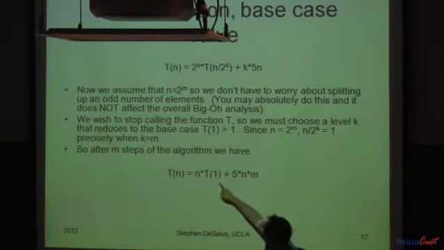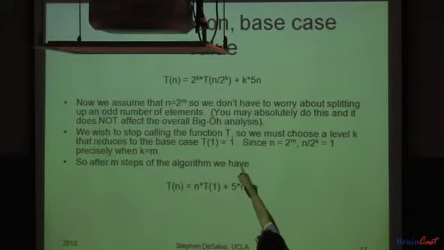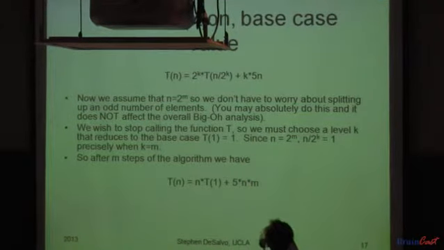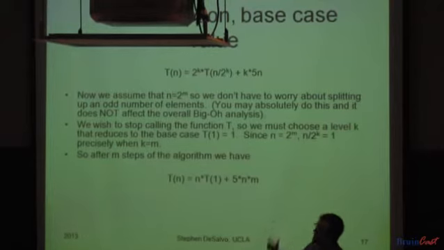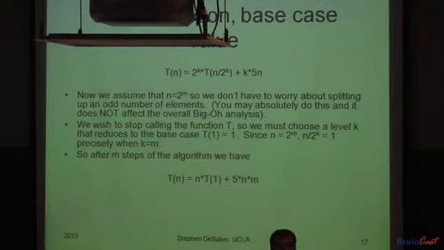Because what this means is, right, we start with 2 to the k times T of n over 2 to the k plus k times 5n. And what we're going to say is, let's let k equal m. Let's let k be that value of m, or be that value such that n is equal to 2 to the power of m.